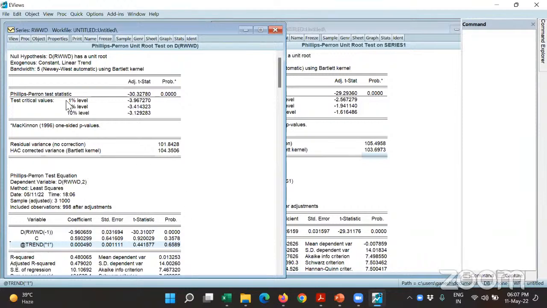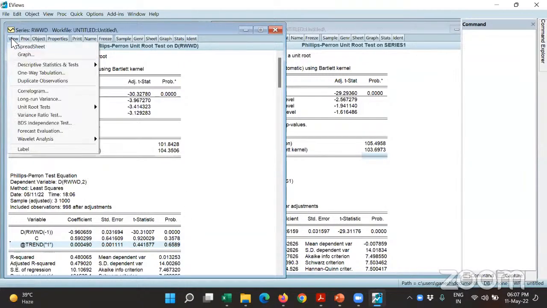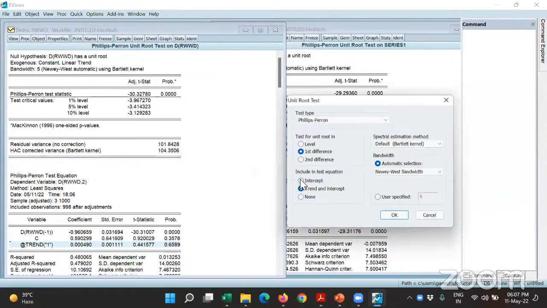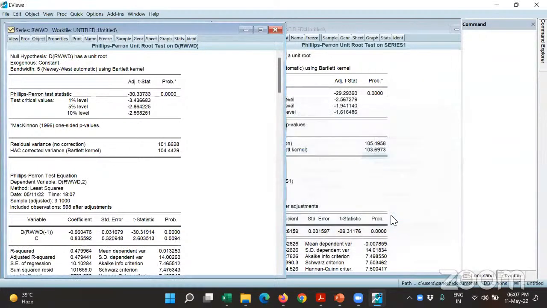So again, go back to the testing procedure. This time I am not choosing the trend; I am choosing the intercept. So I went ahead. Your C, the intercept, happens to be a non-zero number.